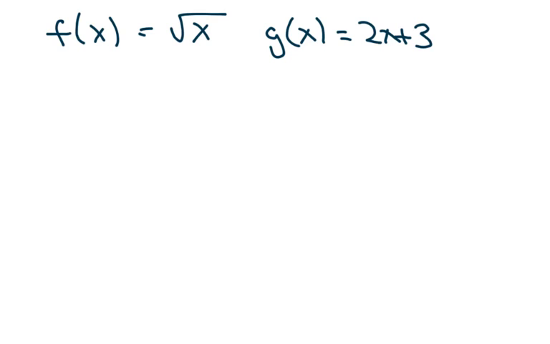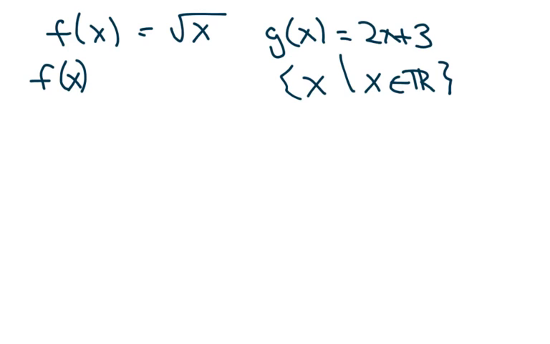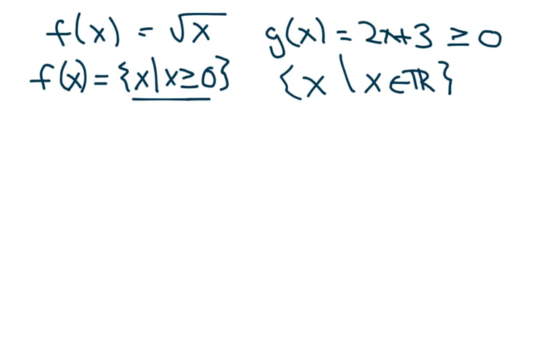So we're going to write x is all real numbers. And f of x, we knew from the first part of the semester, is x, but x has to be bigger than or equal to 0. That means this has to be bigger than or equal to 0, to see what it excludes from the domain.